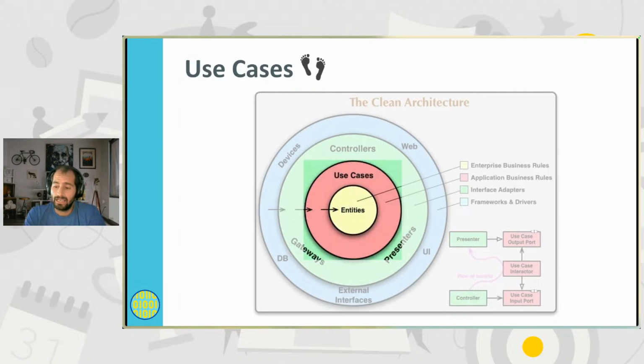The second layer, going outward from entities toward the frameworks and drivers, is the use cases, or application business rules. This layer contains use cases which orchestrate entities to fulfill specific application workflows.